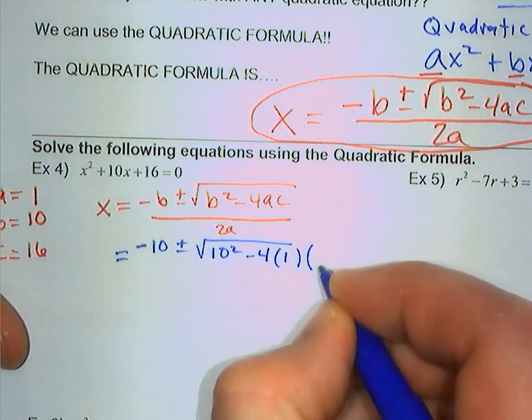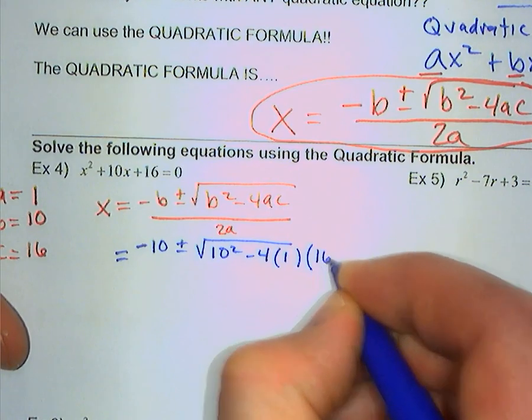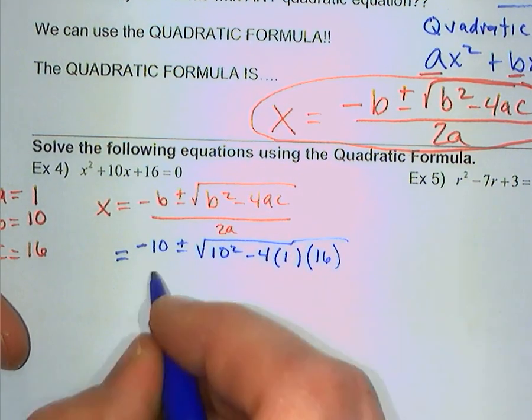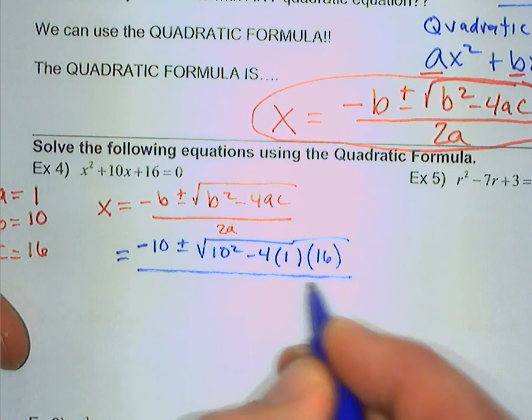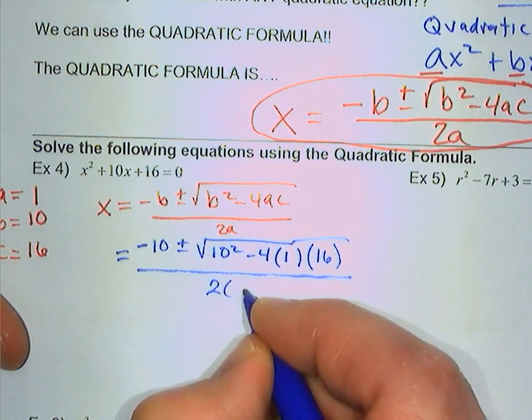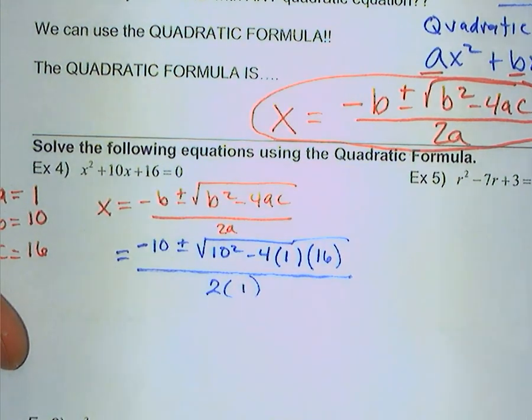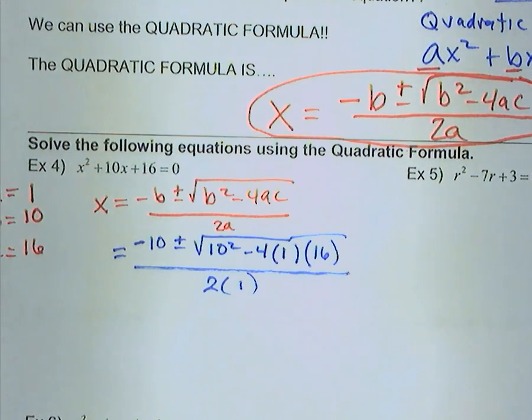And c, what's c? 16. And then all over 2a. 2 times 1. Okay, now don't write very big, right? So you gotta do a few steps here. Okay. We go through and start simplifying a little bit.